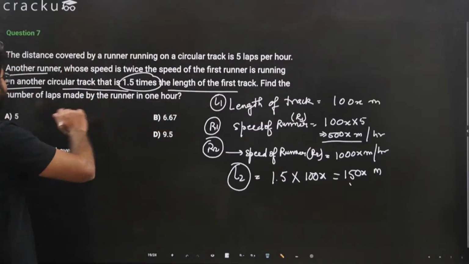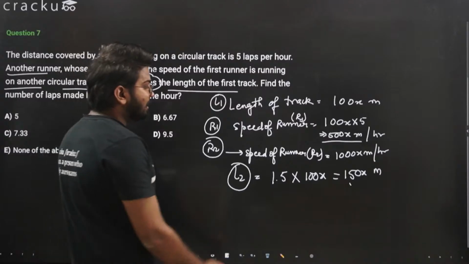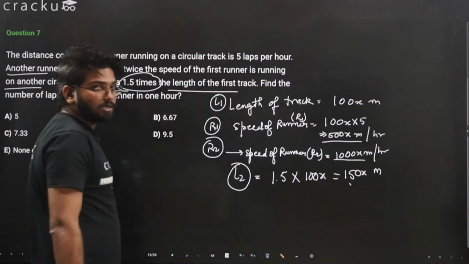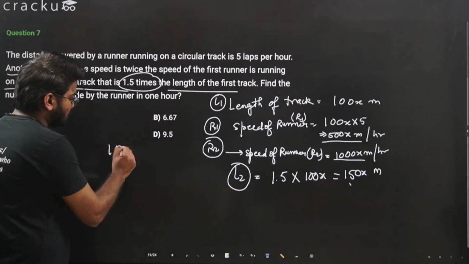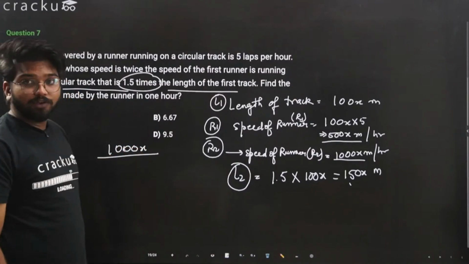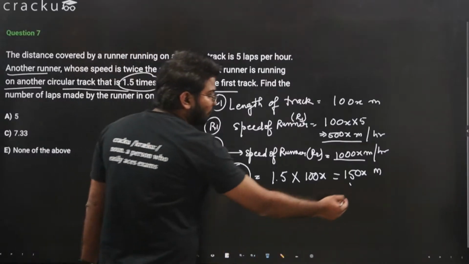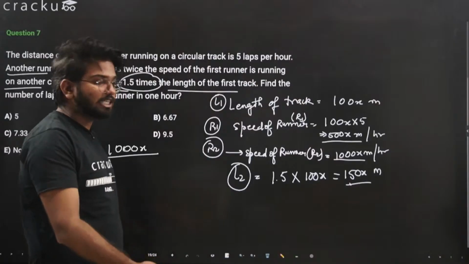We are asked to find the number of laps made by the runner in 1 hour. We know that runner 2 can cover this much distance in 1 hour, that is 1000x, and we know that one lap will be 150x meter. So how many such laps are there?